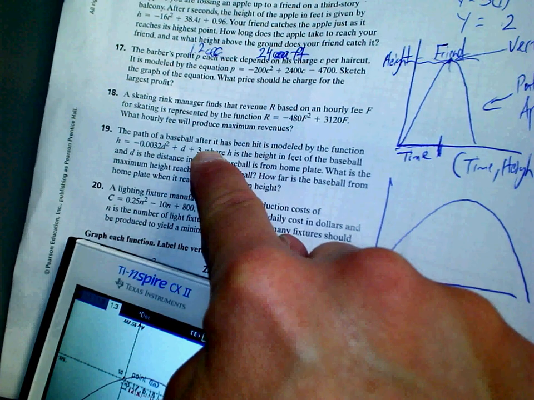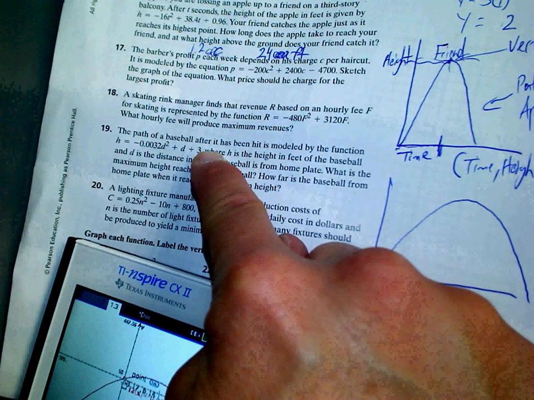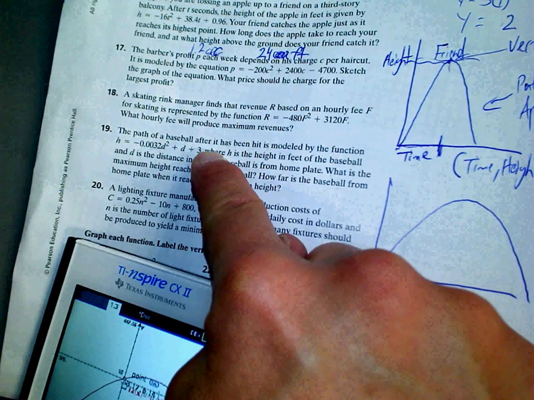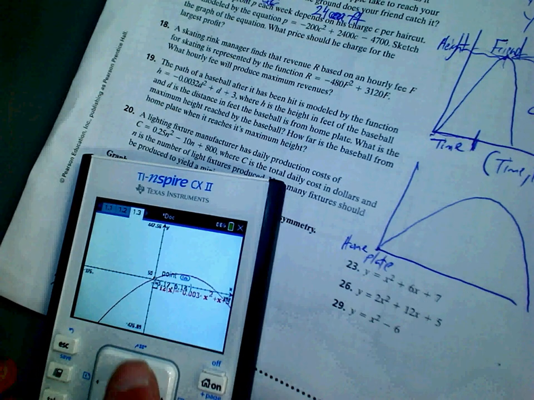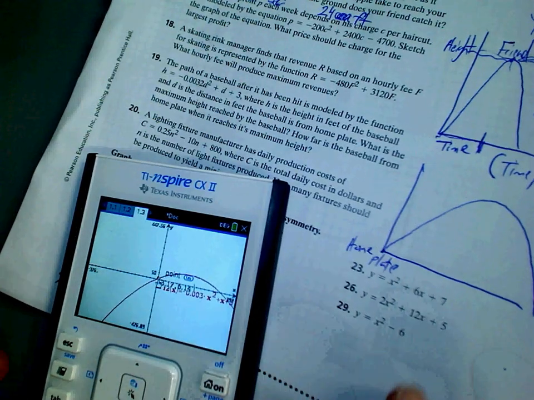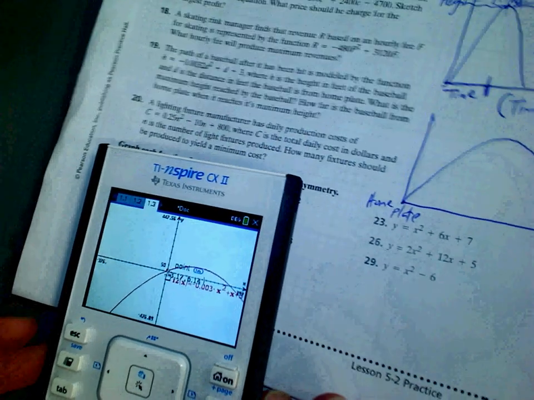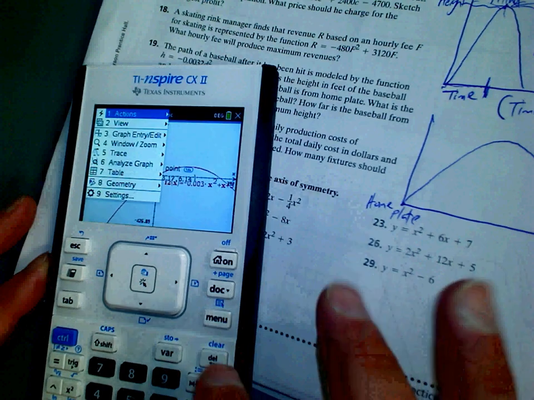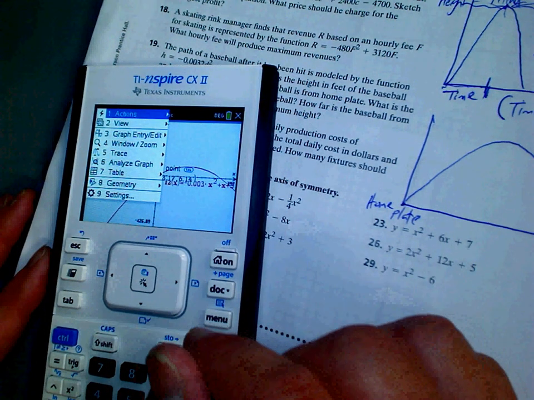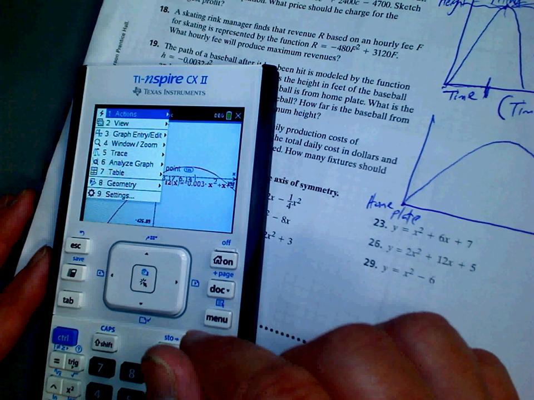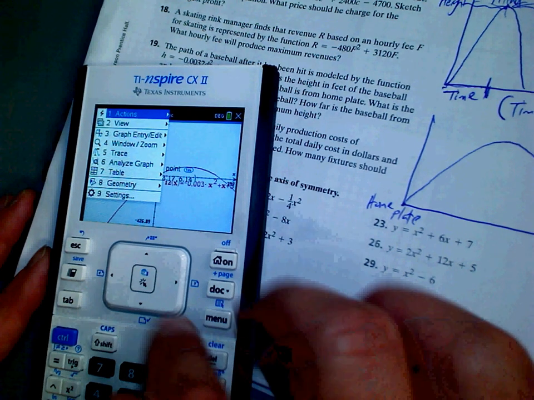I mean, he was right there in the money. He swung the bat. It travels. It traveled way out there. Let's see. How far did it travel before it reached its highest point? 156 is highest. Oh, okay. Analyze. Maximum.